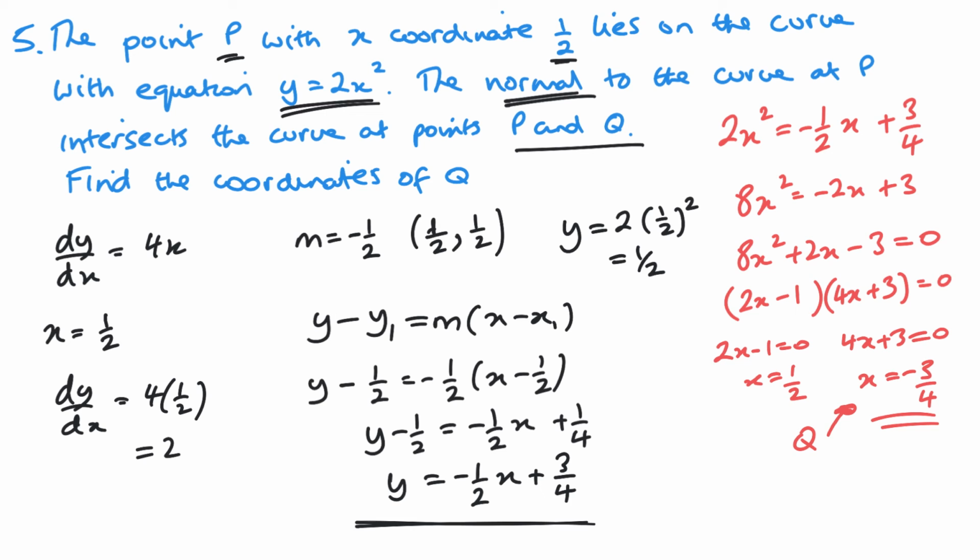So I'm going to substitute this into my equation of a curve because that's the easiest one. So y equals 2 lots of minus 3/4 squared, and that gives me 9/8. So my coordinates of Q are minus 3/4 and 9/8.